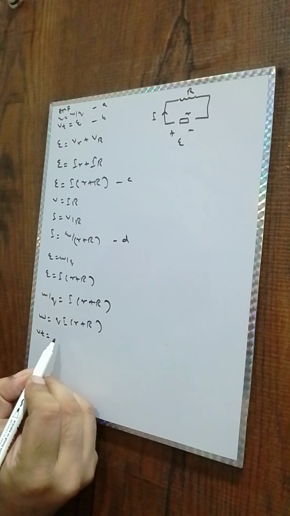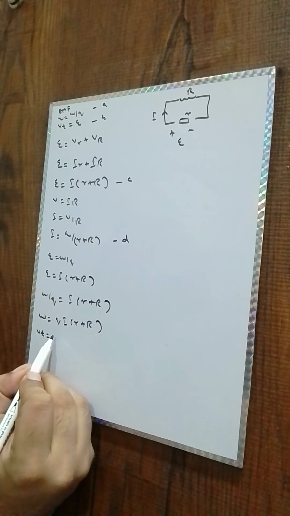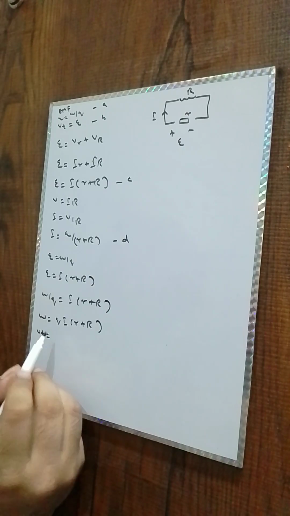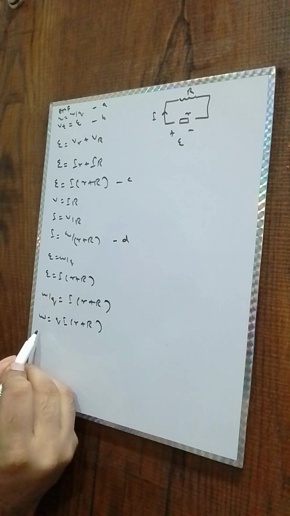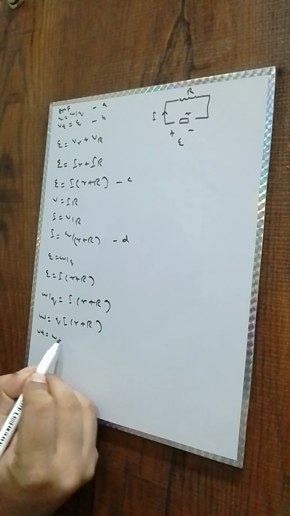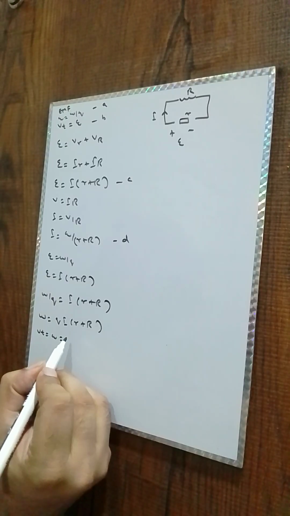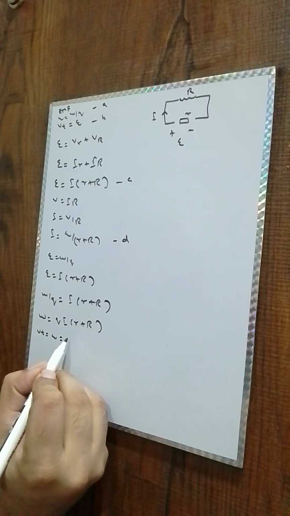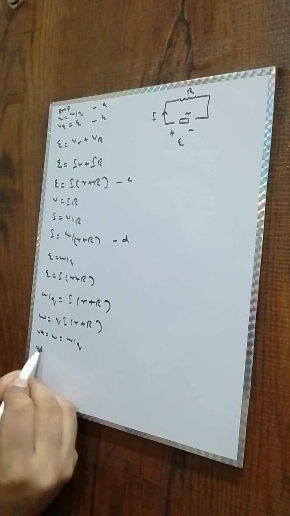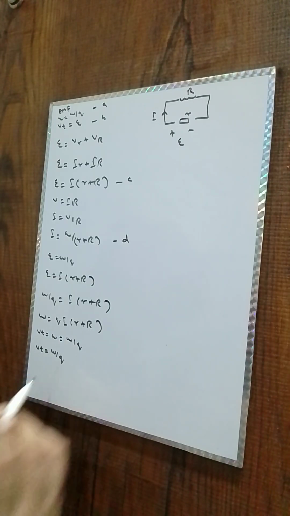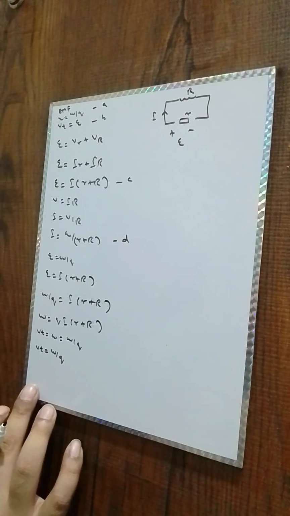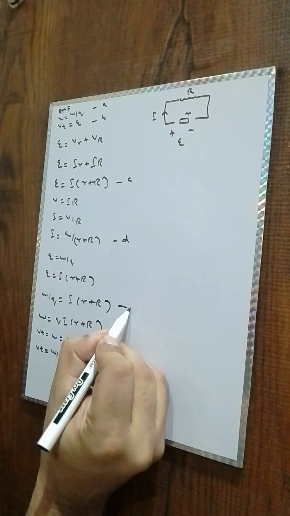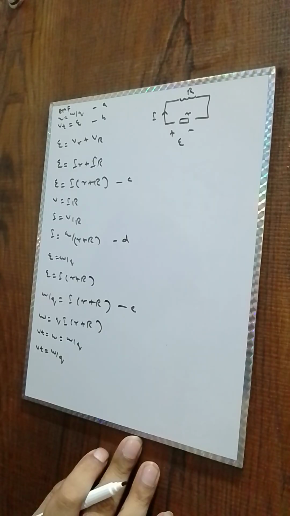From A and B, we can say that Vt is equal to epsilon, and epsilon is equal to E, which is equal to W by Q. So Vt is equal to W by Q. This one is tricky here, and we have this form E now.